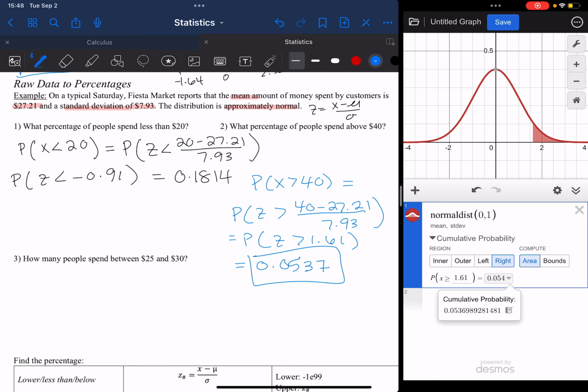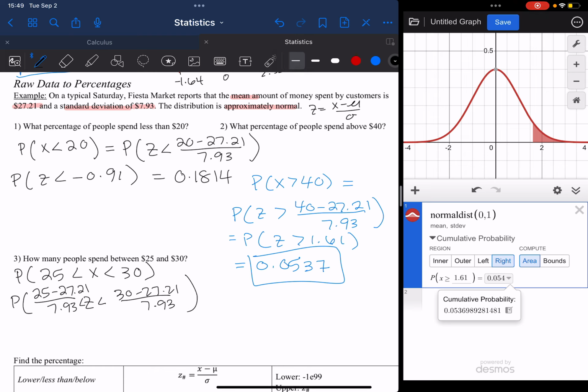Number 3 says, how many people spend between $25 and $30? So that's the probability that they spend between $25 and $30. So that is the probability that Z is going to be between 25 minus 27.21 over 7.93, and between 30 minus 27.21 over 7.93.